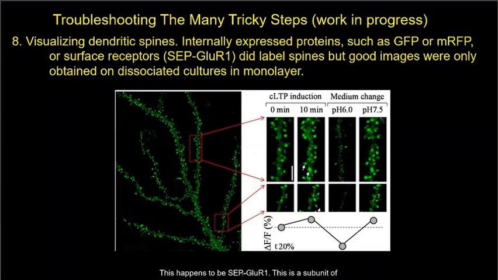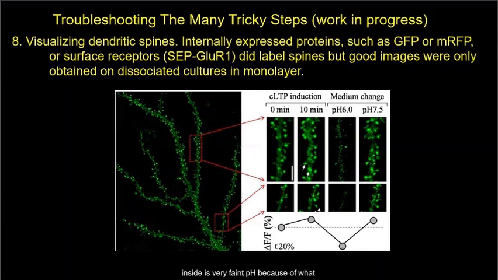This happens to be SEP-GluR1. This is a subunit of the AMPA receptors, and this super ecliptic fluorin is the pH-sensitive GFP. So you only see it on the outside of the cell when it gets inserted, and if you drop the pH, the fluorescence pretty much disappears.